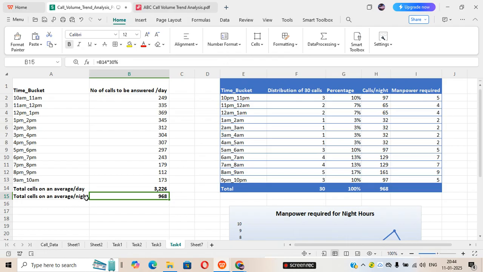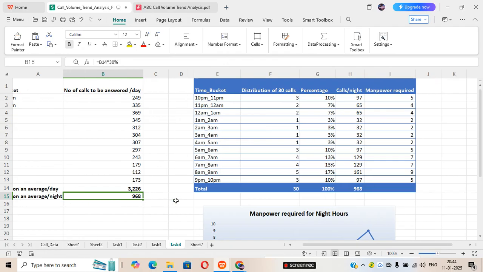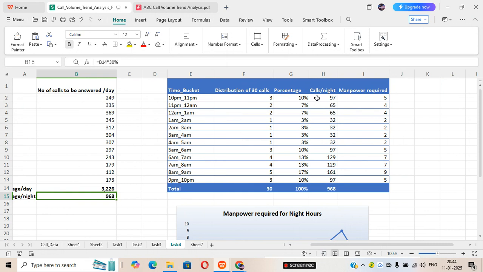So we got the average per night as this value. So for calculating calls per night, I have taken this average per night into percentage.